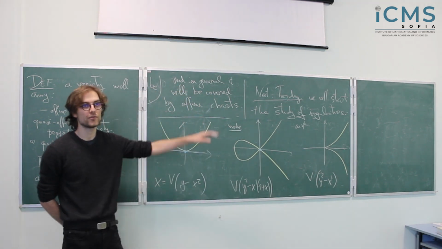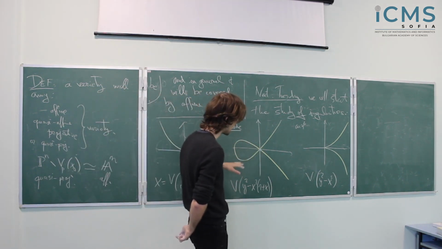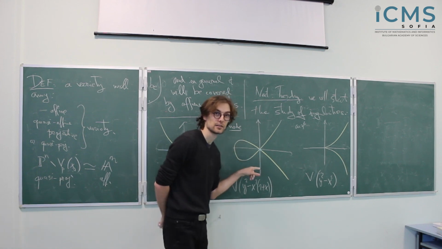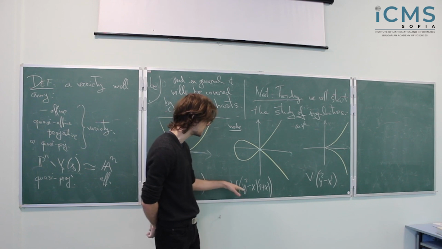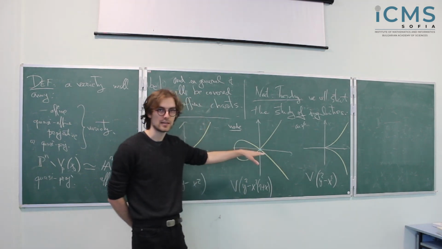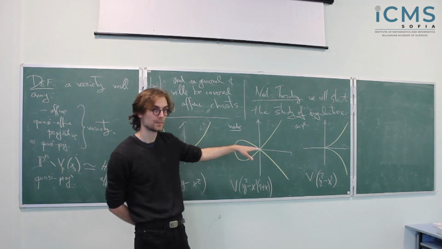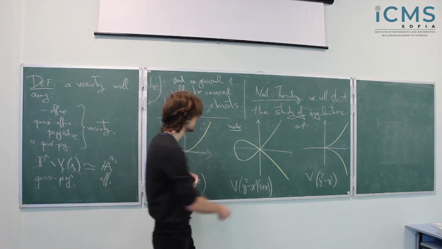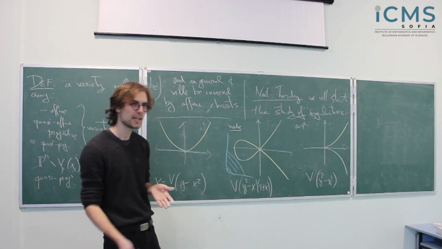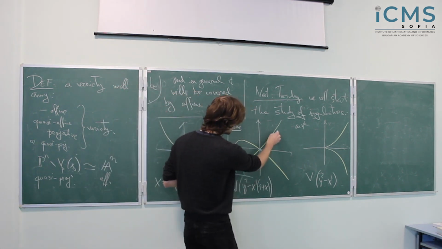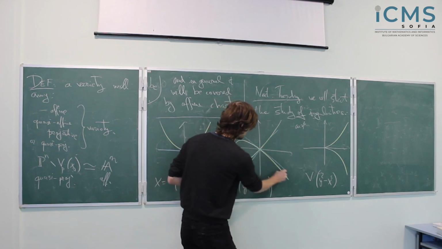First of all, if we would like to define the tangent space, we need to look at the gradient of the equation. But if we evaluate the gradient at 0, it would just be the 0 vector. That would mean that the whole tangent space is the whole plane. This is not a very good idea, because we would actually like to say that there are 2 tangent directions here, this one and this one.